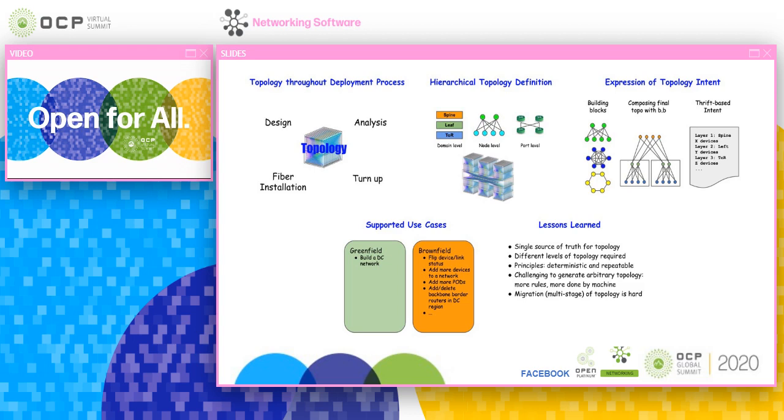Even with its own limitations, the network model works quite well for existing and future network topology design. The topology generator we mentioned above has been used to support all use cases, as shown in the picture on the left side of the bottom layer. The supported use cases include both greenfield and brownfield deployments.